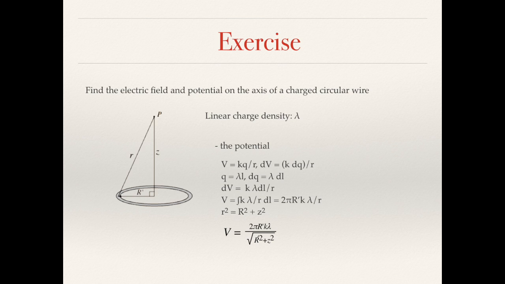And to further simplify this equation, the small r squared is equal to the big R prime squared plus z squared. This is a right triangle. The final result of the potential along the axis of the wire will be 2 pi R prime k lambda over the square root of R prime squared plus z squared. This is the final answer.